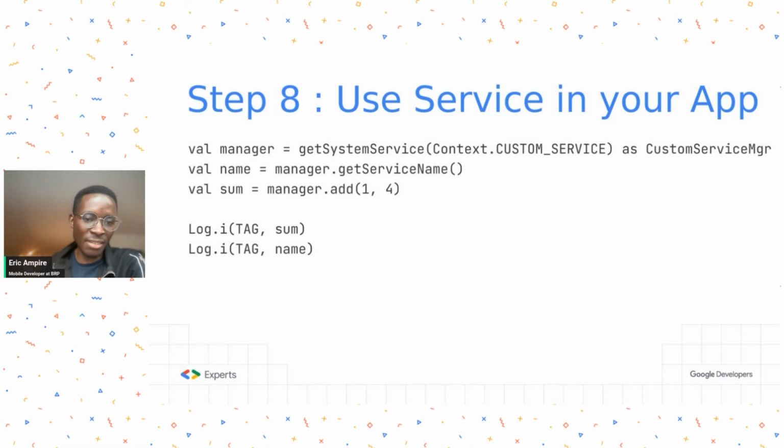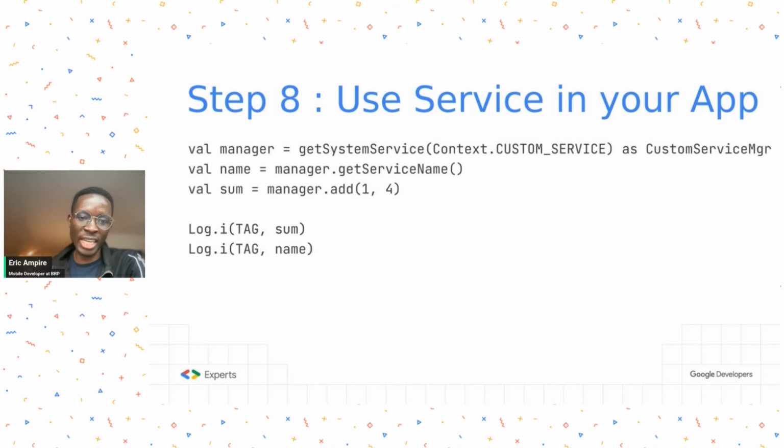Inside an activity, I can have access to this getSystemService method, and I will provide the name of the context I'm looking for. And this method will not return the service itself, but it will return the manager. And from the manager, I can have access to the methods that I have defined.